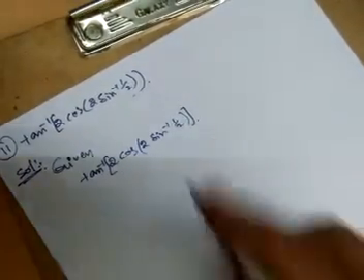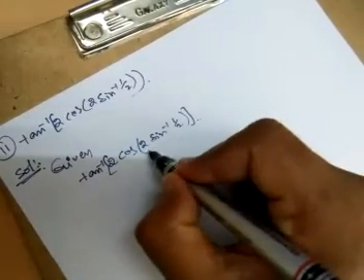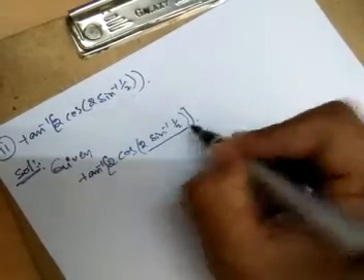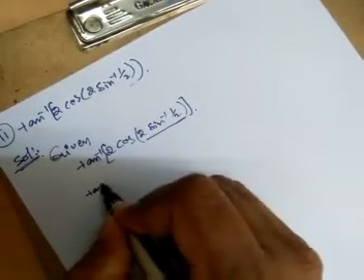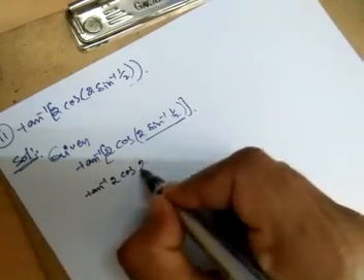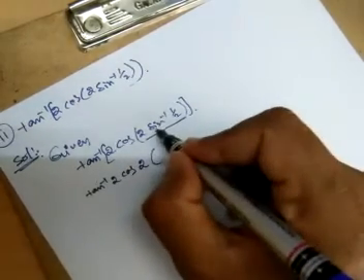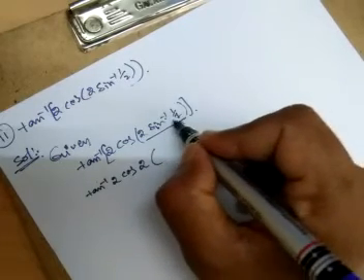So first of all, you calculate inside the bracket. First you calculate the innermost bracket, that is 2 into sin inverse of 1 by 2. Tan inverse of 2 into cos of 2 into sin inverse of 1 by 2.